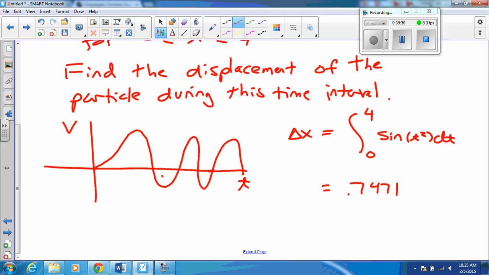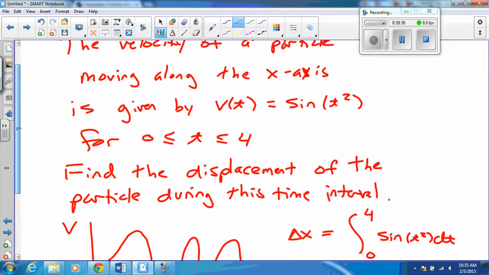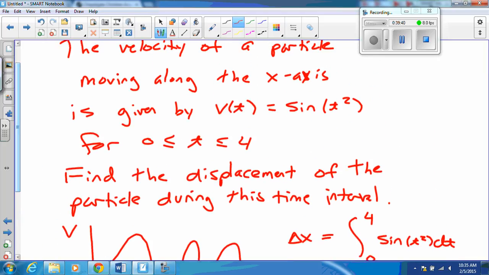And there it is. Now, often these problems come packaged with units. So let's throw some units in here. Where v is in, what sort of units should I have for velocity? Meters per second, that works. And t is in seconds.